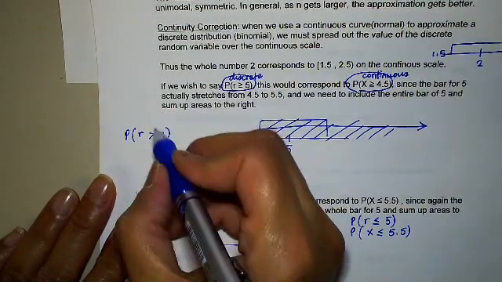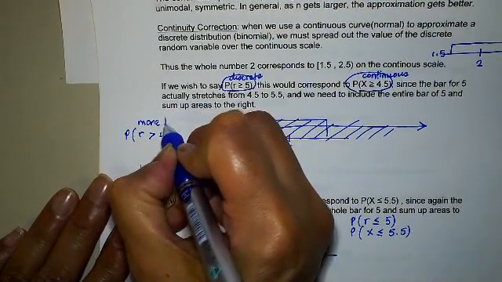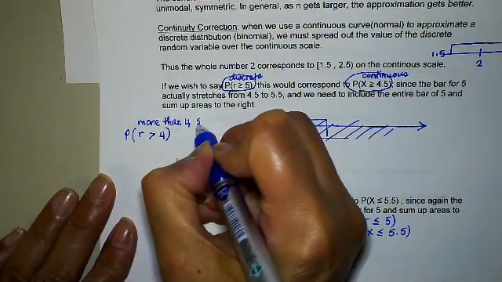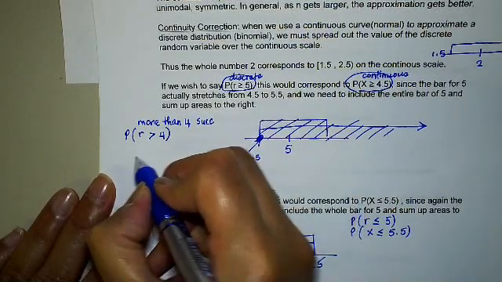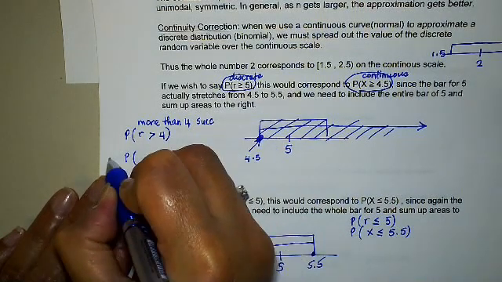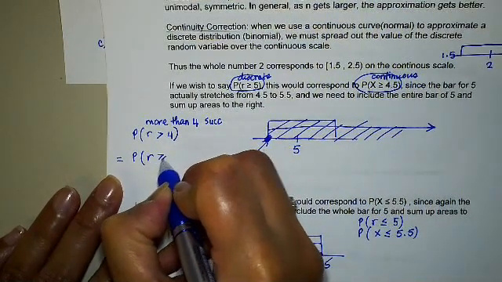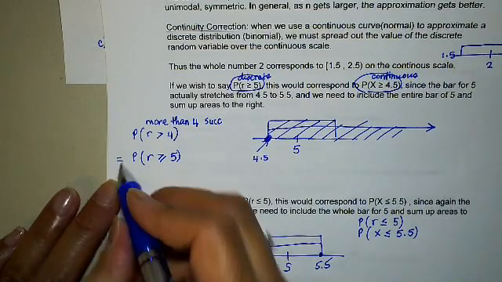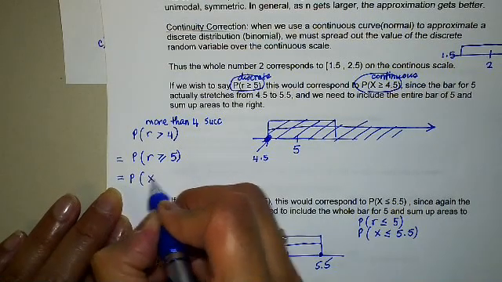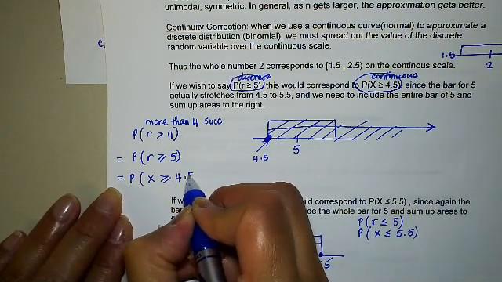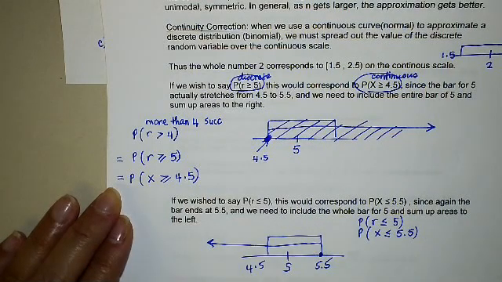And this is the same thing I would do if the question was, find the probability that r is strictly greater than 4. If that was the question, I would say more than 4 successes is equal to r greater than or equal to 5, which is equal to x greater than or equal to 4.5.